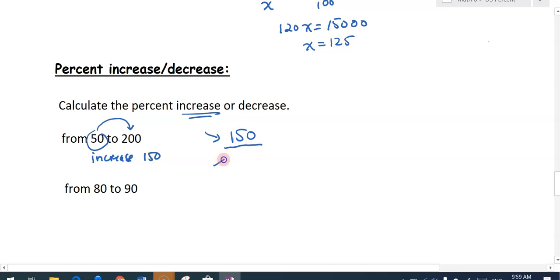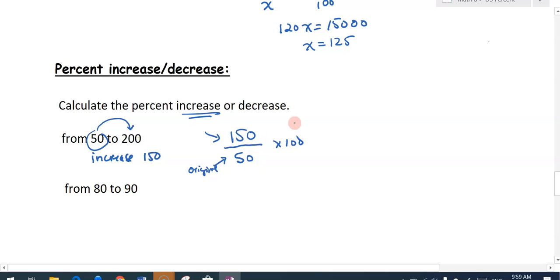That's the increase as compared to where I started, or the original. And the original in this case was 50. And so I want to find a percent increase. I want to make it out of 100, right? So in this case, it's an easy one, just double, or whenever you have a fraction and you want to make it into a percent, you can just divide and multiply by 100 as well.